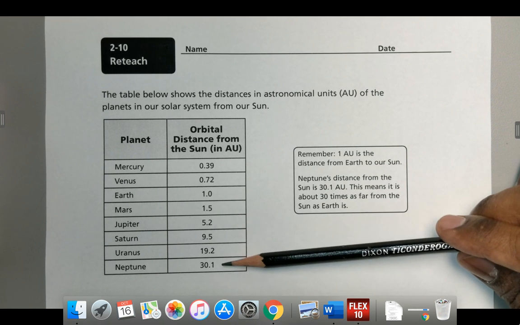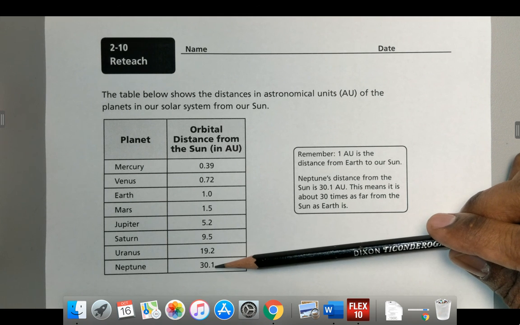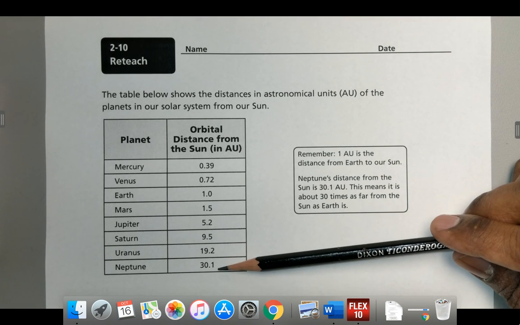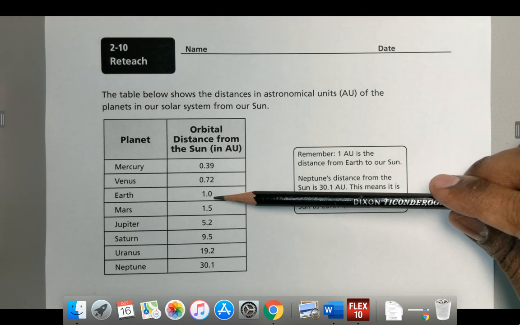And here in particular, if you look at Neptune, Neptune is coming in at 30 and 1/10 AU. That means that Neptune, the farthest planet from the sun, sorry Pluto fans, is almost 30 times the distance from the sun as the Earth is.